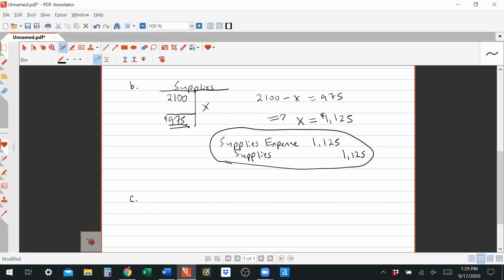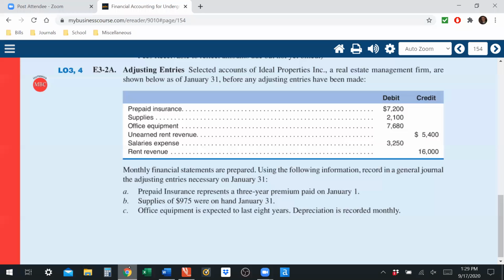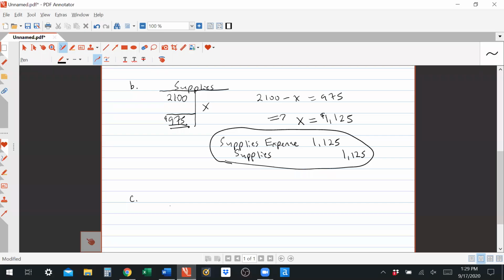Part C. Office equipment is expected to last 8 years. Depreciation is recorded monthly. So they're wanting the adjusting entry for depreciation expense. That's what they're wanting. So remember, how do we find the depreciation expense per month?